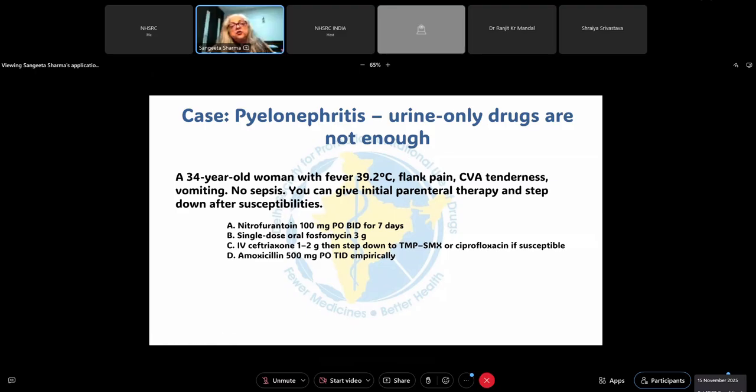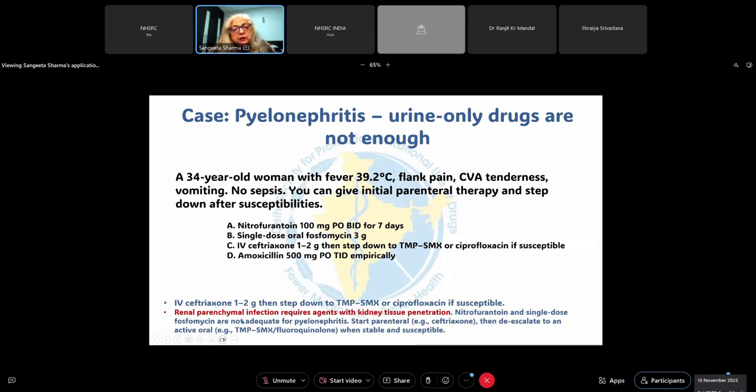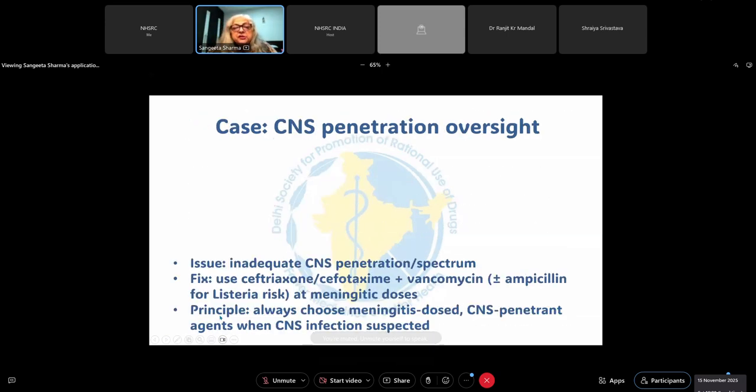But when it comes to pyelonephritis, that means upper urinary system infection, then urine only drugs are not enough. You need a systemic drug which can reach a good concentration in the renal parenchyma for penetration. So like that, you take these decisions.